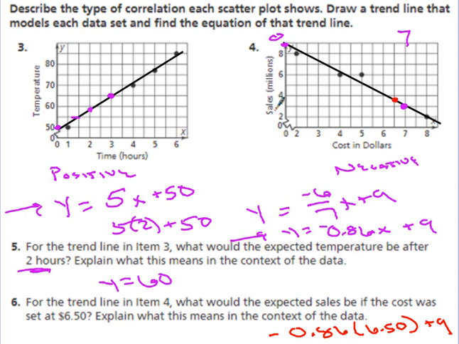Sorry, I'm having technical difficulties. There we go. $3.41. Okay, so my line was somewhat close to that. And there we have it.